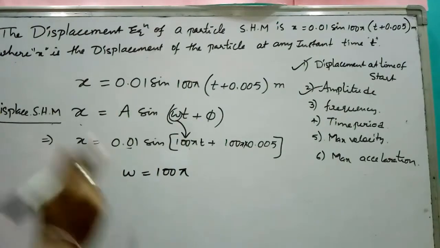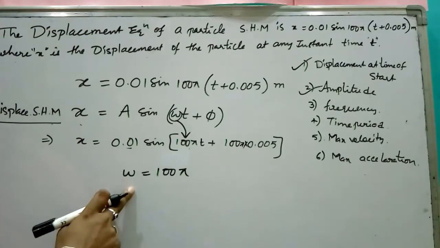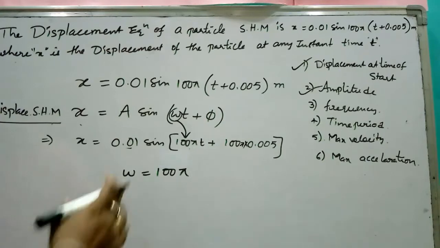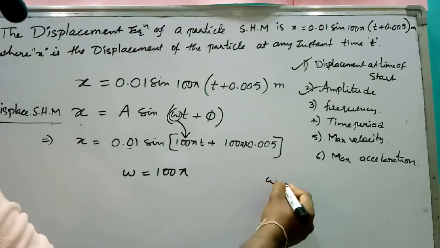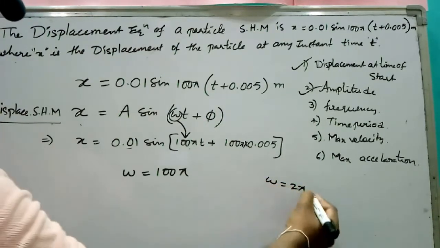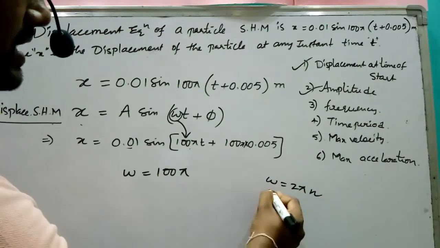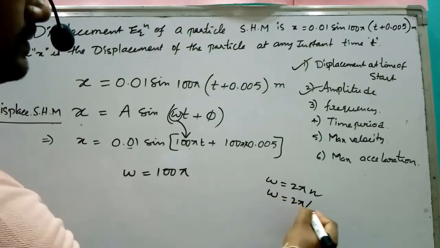If we know the angular frequency omega, we can calculate the frequency as well as the time period. The omega relation is: omega equal to 2 pi times the natural frequency, and this can be written as omega equal to 2 pi by T.